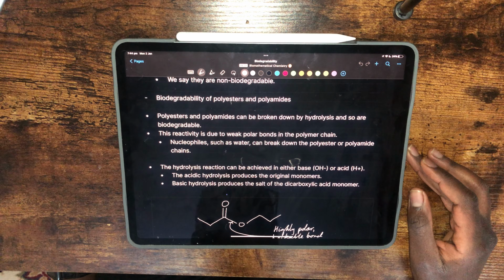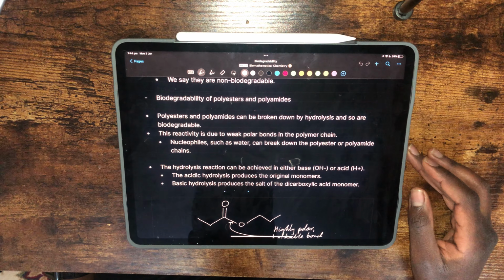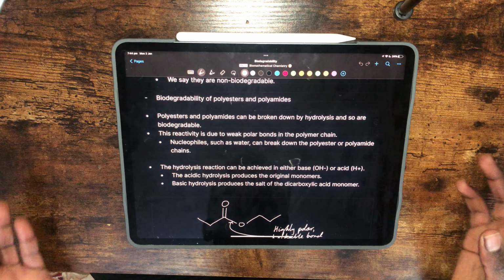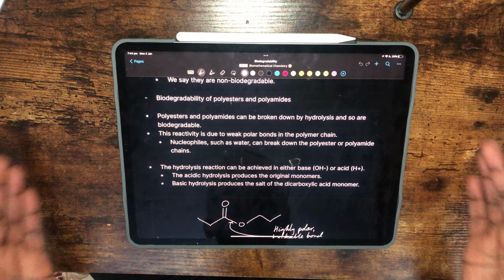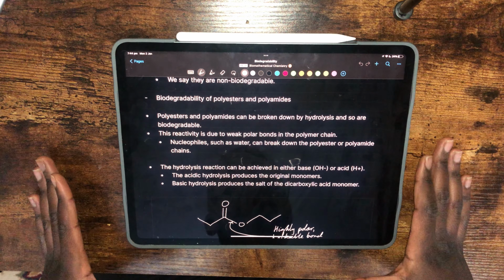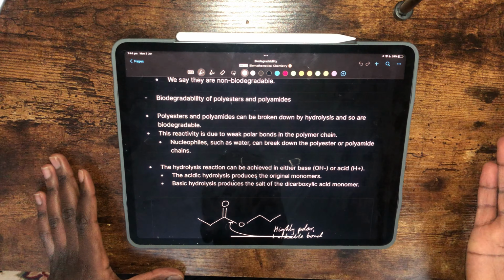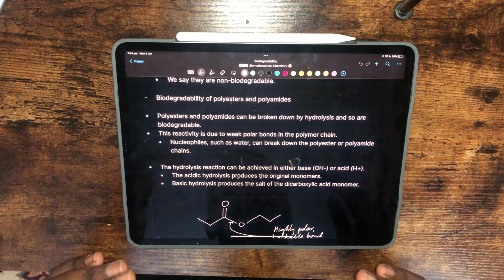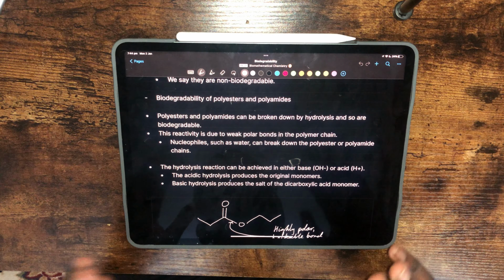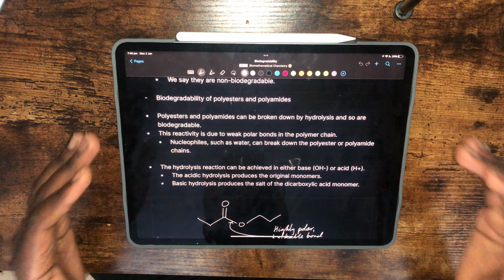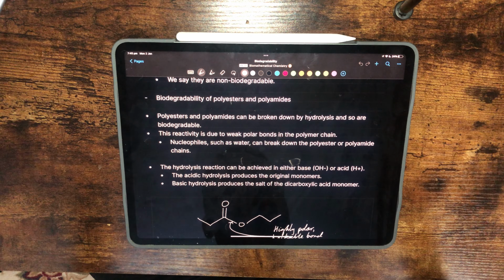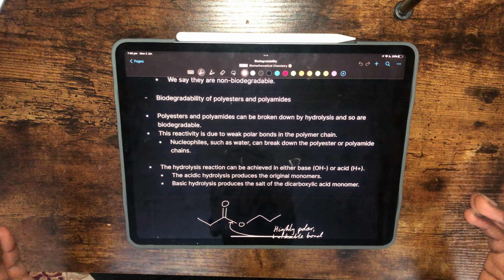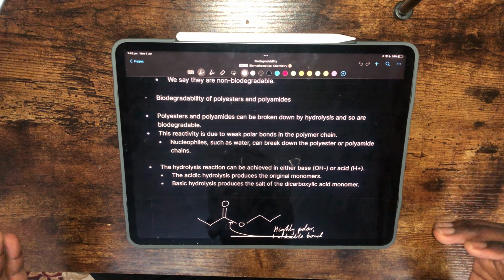It's a very weak solution to break down polyamides. But in biology, I guess water is enough. When you're talking about chemical compounds, you use an acid or a base for hydrolysis. So if you think about hydrolysis, you think about water, generally in biology. But for chemistry, you need an acid or a base.